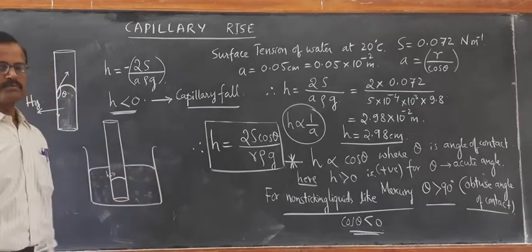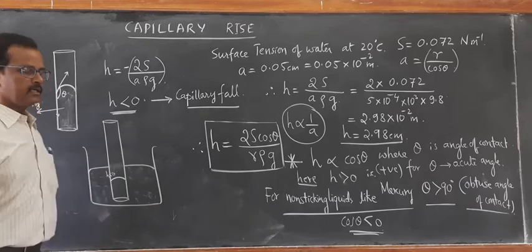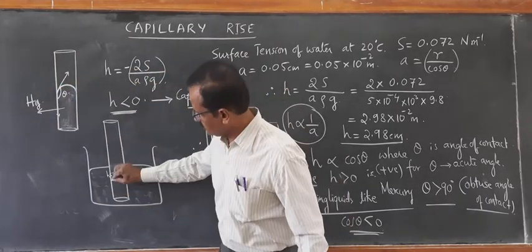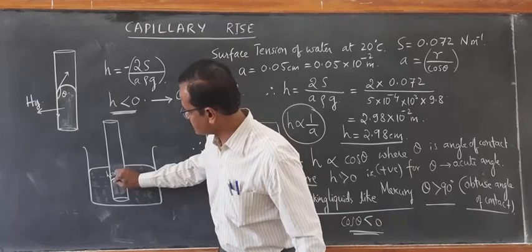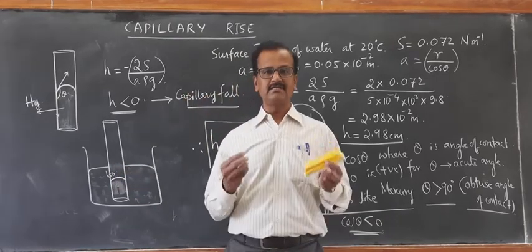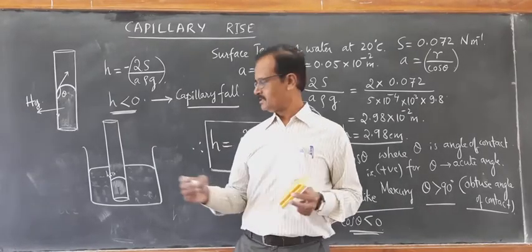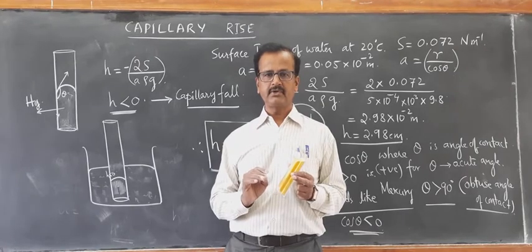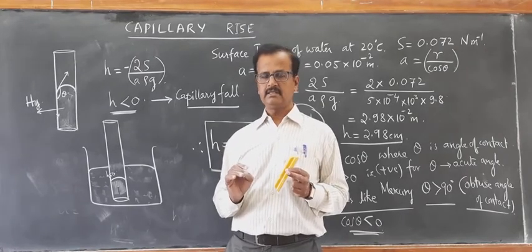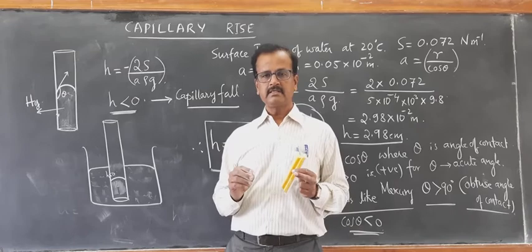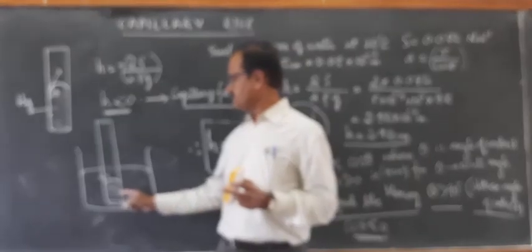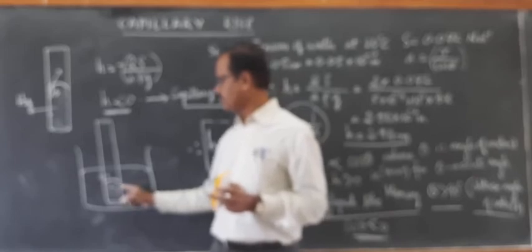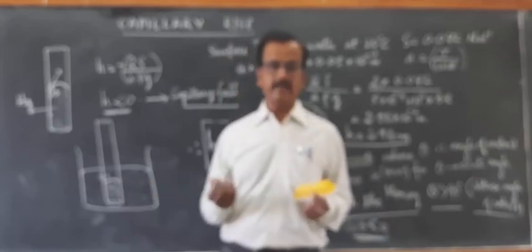Here it is mainly explained based on the intermolecular force. The intermolecular force between the mercury like liquids with the glass is repulsive. Here mercury doesn't stick to the glass. The reason is the surface energy per unit area of mercury with the solid is very high.